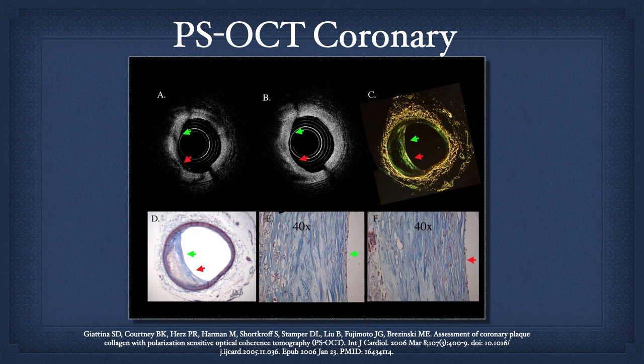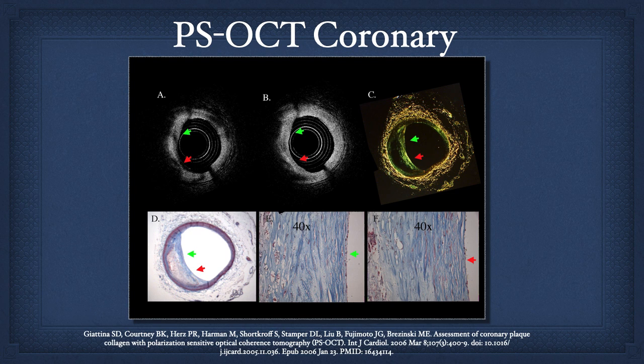So the green arrow area in the histopathology shows disorganized collagen. And you can't tell that from the H and E in D. This is obviously a TCFA in D.